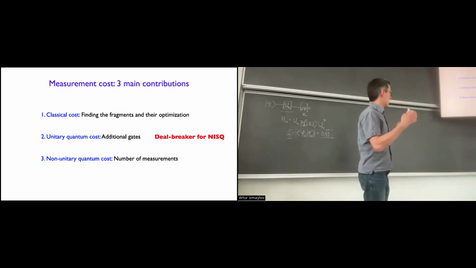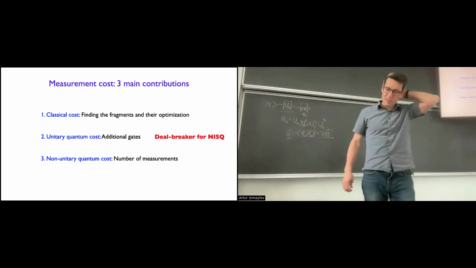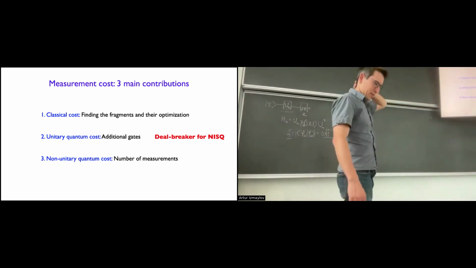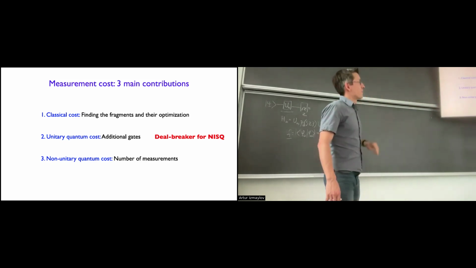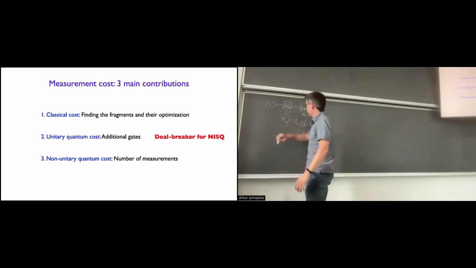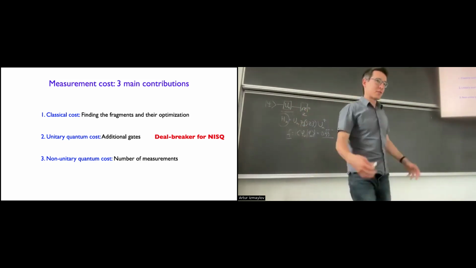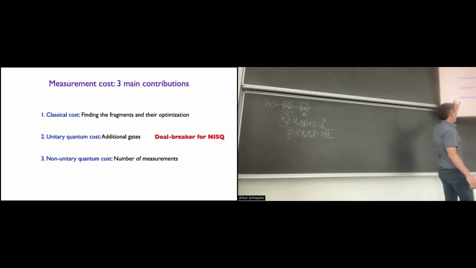And then there's the non-unitary quantum cost, which is measurement, that we mostly focused on and are trying to optimize. Interestingly, this story about the measurement is a story of optimizing the wrong quantities, it seemed to me, because initially we were thinking about optimizing the number of fragments. That was incorrect because after all, one would practically worry more about the number of measurements.